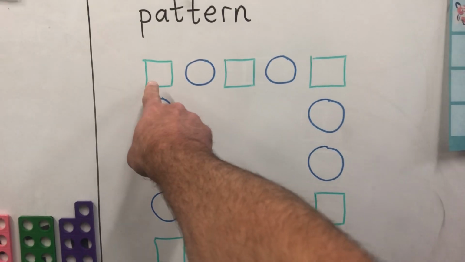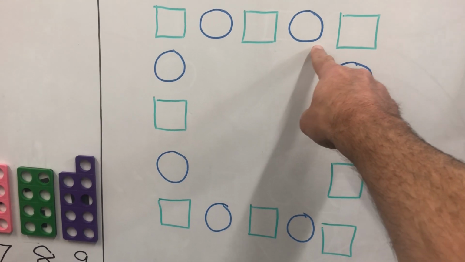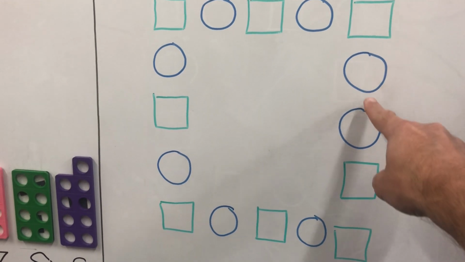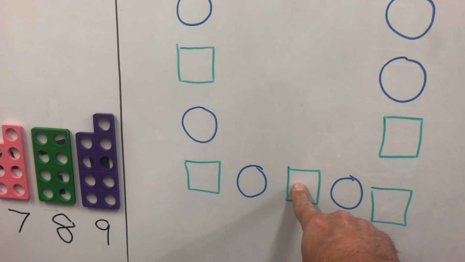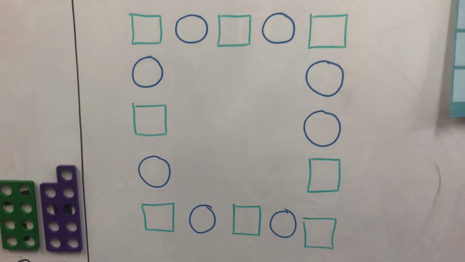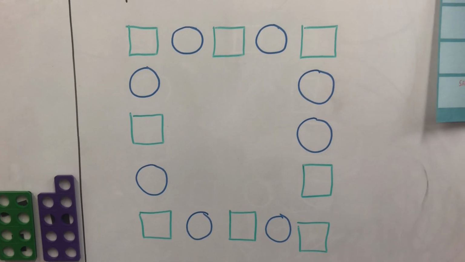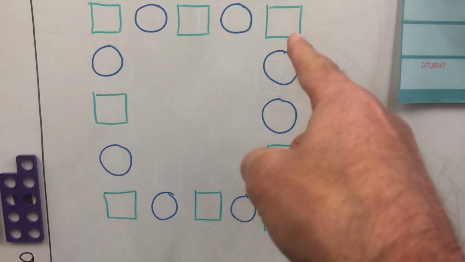Let's see. Square, circle, square, circle, square, circle, circle, square, square, circle, square, circle, square, circle, square, circle. So I can see squares and circles most of the way around, but there's something wrong here.